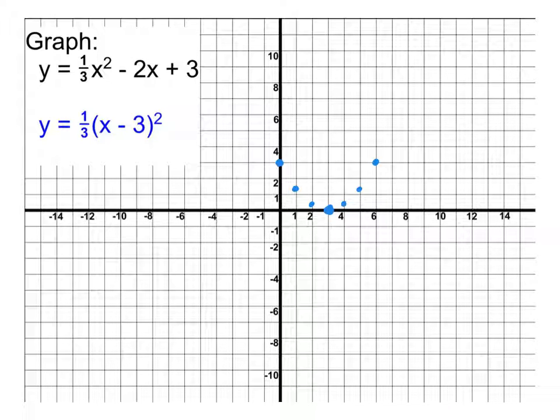And then over 4. Well, that's normally up 16. 16 divided by 3 is 16/3. 16/3 is 5 1/3. So go over 4 and up 5 1/3. Like I said, the thirds can be a little bit more clunky.